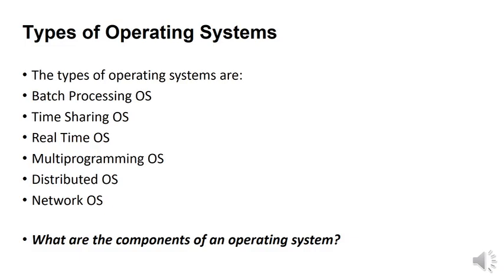Multi-programming OS are operating systems that support many active user programs. A portion of a user program being stored in the main memory at once is known as what? Multi-programming operating system.